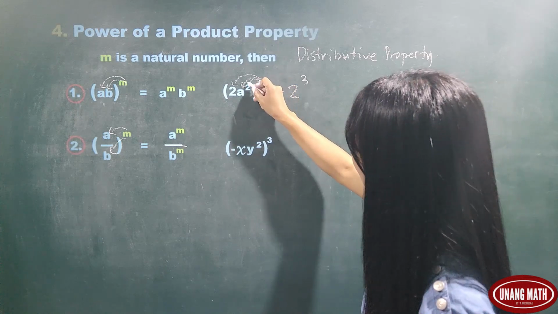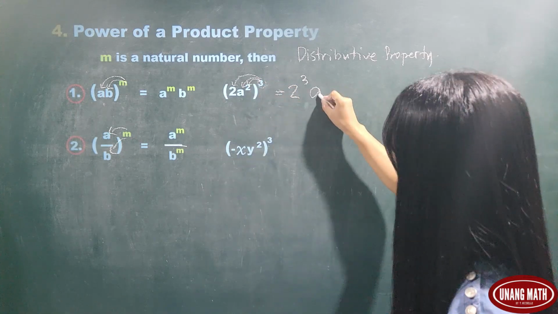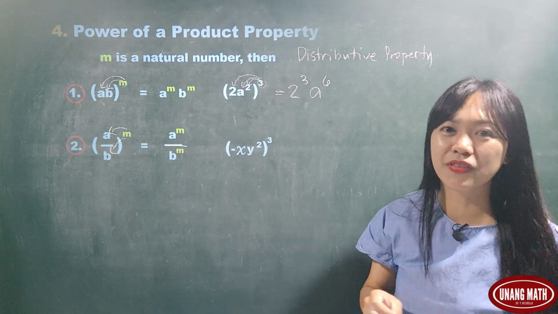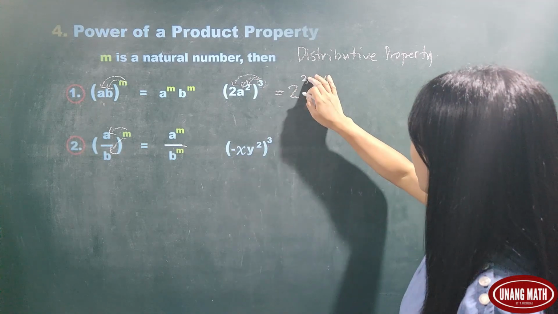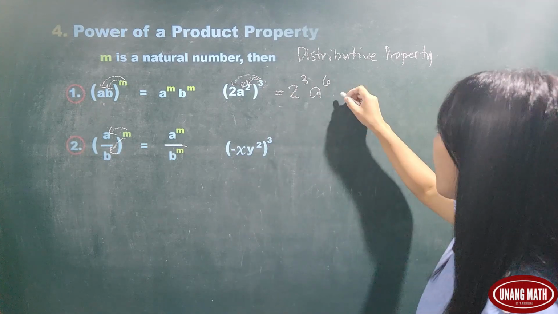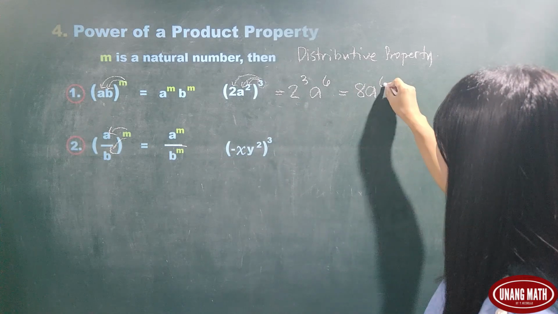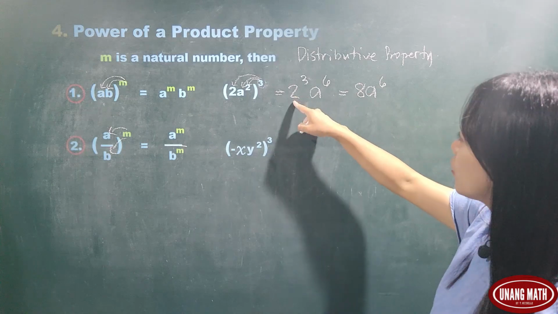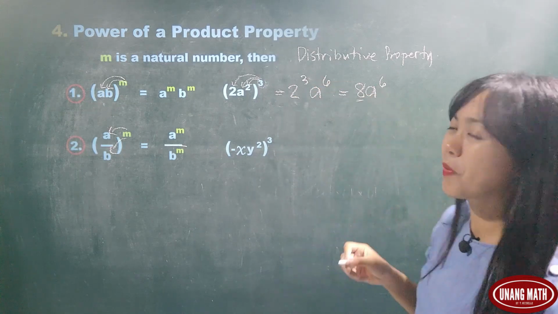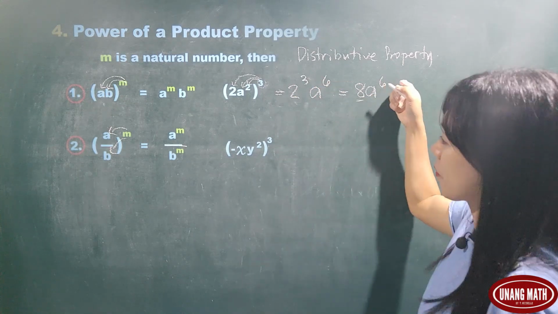So this is 3 times 2, so it's 6. So a raised to the power of 6. So we have 2 raised to the power of 3, a raised to the power of 6, or this is equal to 8a raised to the power of 6. 2 raised to the power of 3 is equal to 8. So 8a raised to the power of 6.